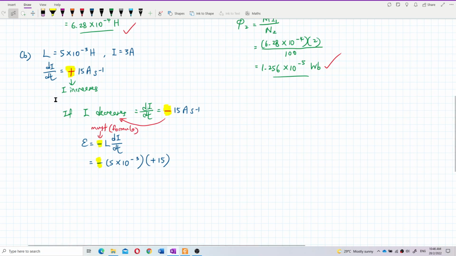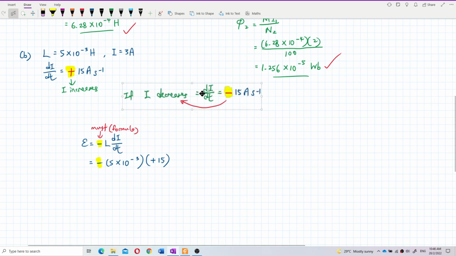If the formula has a negative sign, you cannot neglect it. Don't neglect the negative sign.